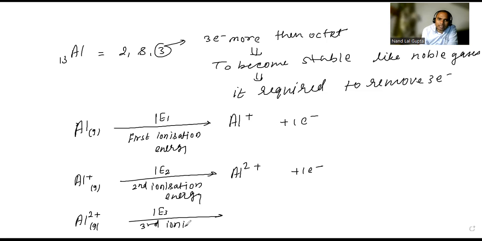It converts to Al3+ plus 1 electron. So in total 3 electrons are removed, 1 electron at a time.